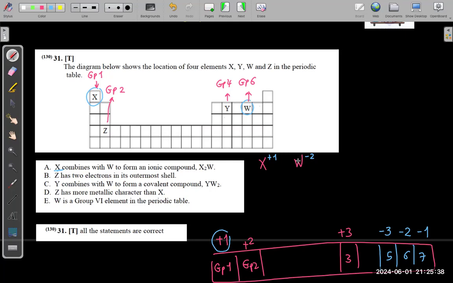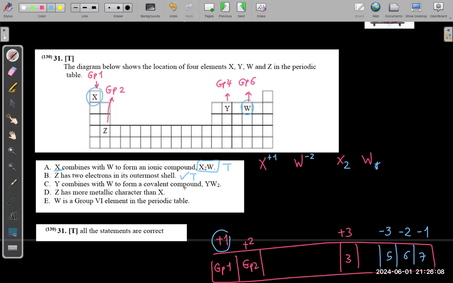If they are different, I switch them. So X takes the 2 and W takes the 1. I don't write the 1, so the compound becomes X2W. So it's true. Z has 2 electrons in its outermost shell. Is this correct? Yes, because it is in group 2, so it's true.